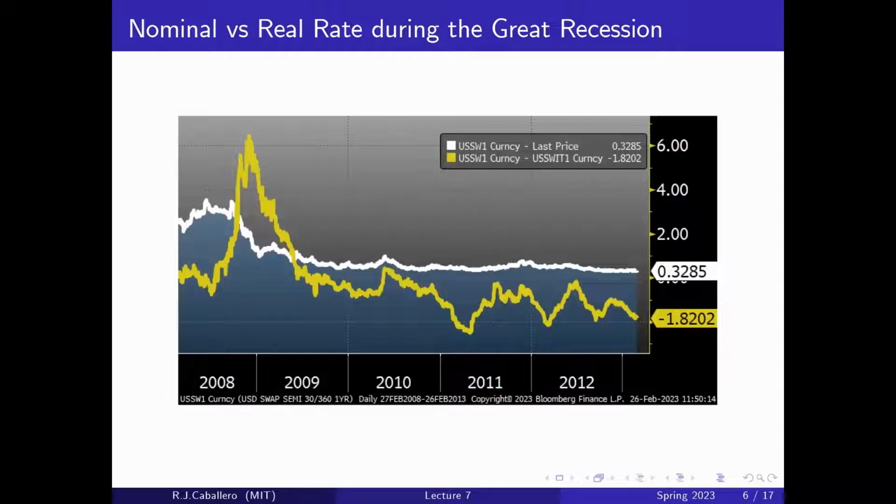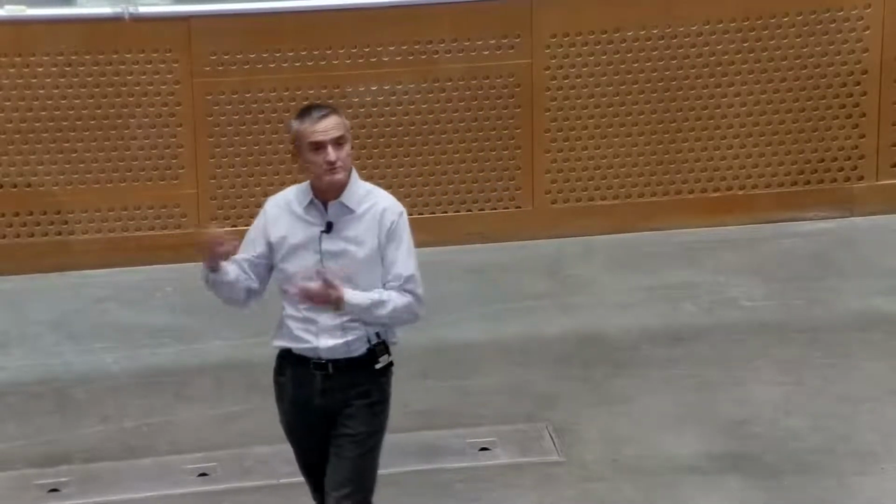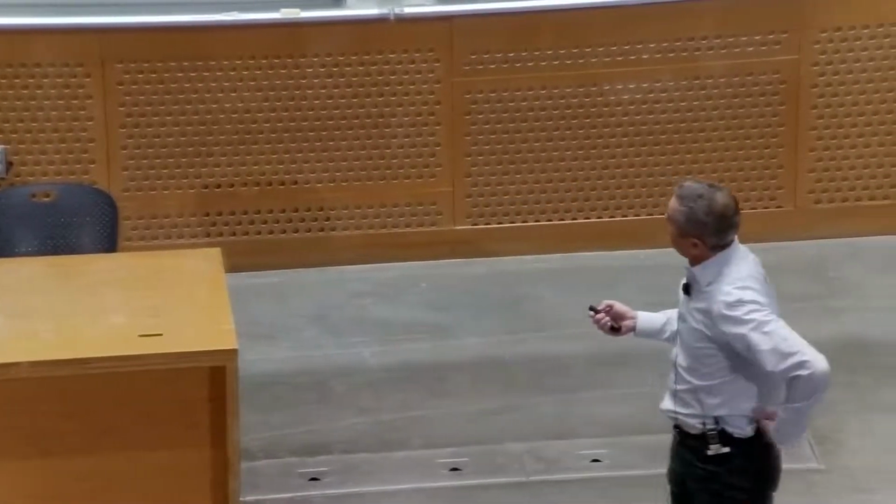Since in the US you can actually trade real and nominal bonds, the difference between these two is expected inflation, as priced by financial markets. They're called, in the US, inflation break-evens. These are inflation swaps. But anyways, several things you can see in this picture.